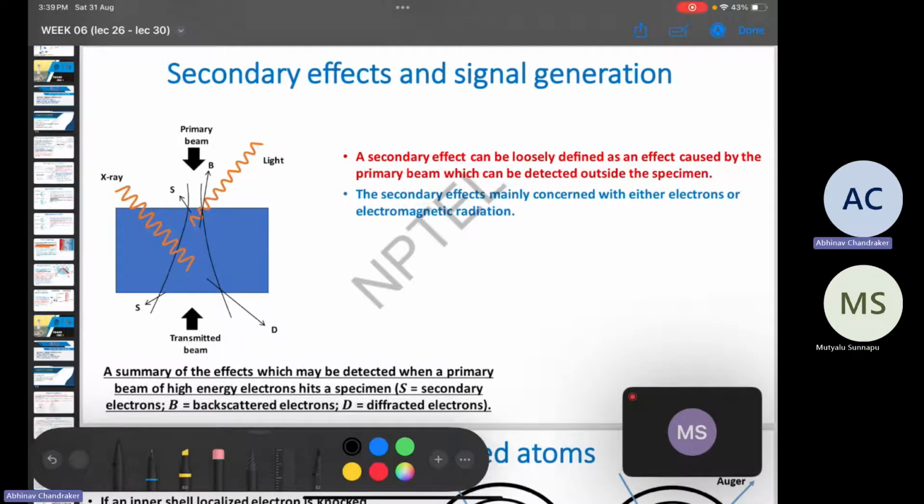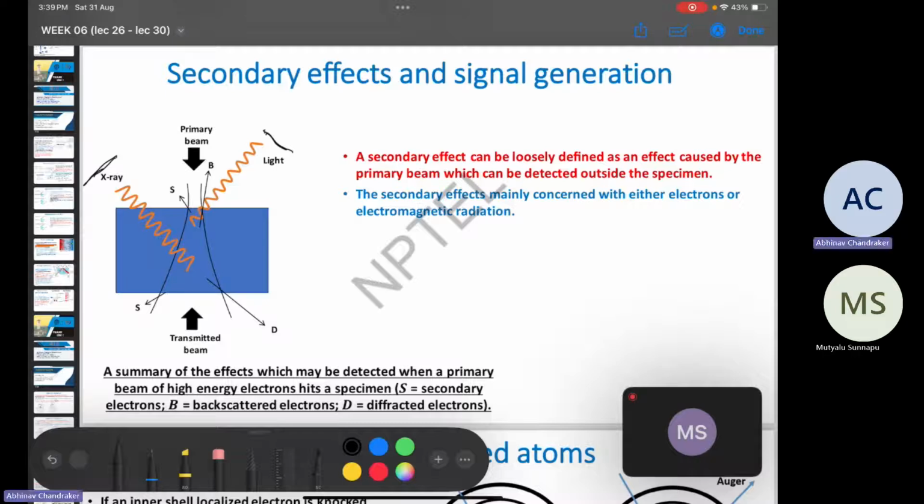So the effects which are observed, since I have told you there are detectors kept outside in the SEM, are able to capture the signals which come out from the material, which can come in the form of electrons having some energy or in the form of electromagnetic radiation.